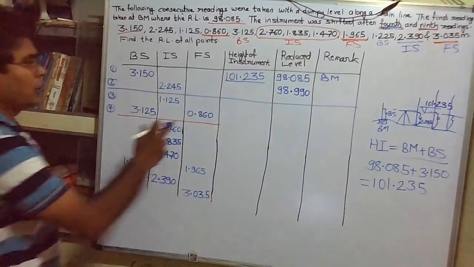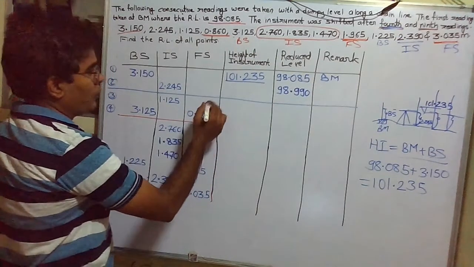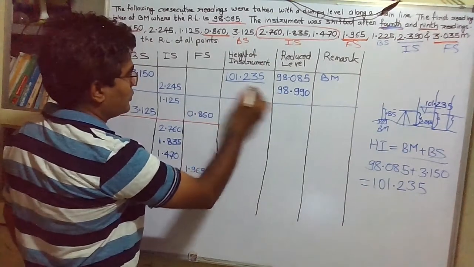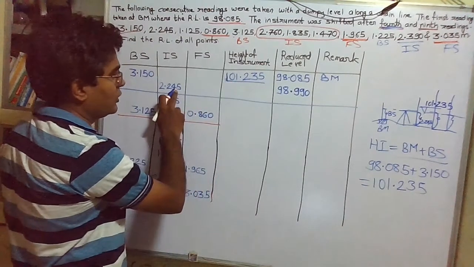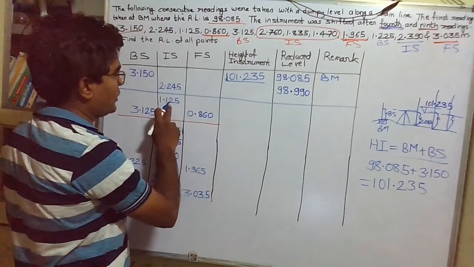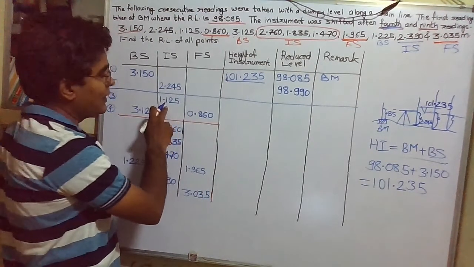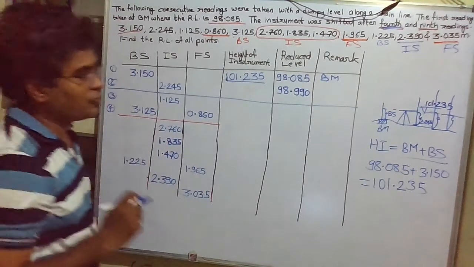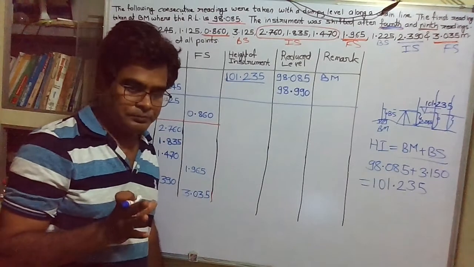Now to get the RL of the next point, we have to subtract again. Now how do we find it out? 101 point, that is HI minus staff reading. Again, next, how can we find out? HI minus staff reading. Height of instrument is the same. Height of instrument will remain the same for one setup of instrument.